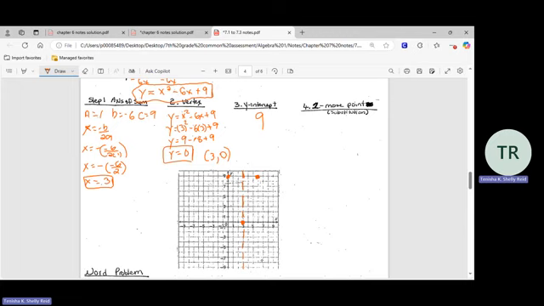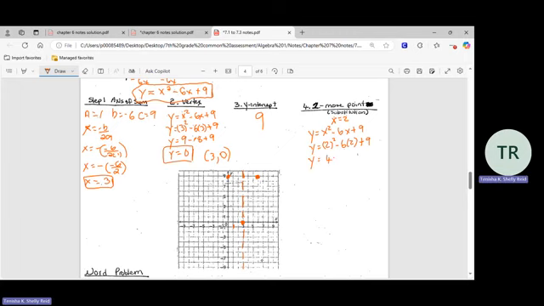I may want another point. And so, again, I like to pick a nice, easy one. Let's find out what it is when x is 1. You know what? No, let's go with 2 so we know we could use a different number. Let's find out what is the range, or what is the y value when x is 2. So y is equal to x squared minus 6x plus 9. Y is equal to 2 squared minus 6 times 2 plus 9.